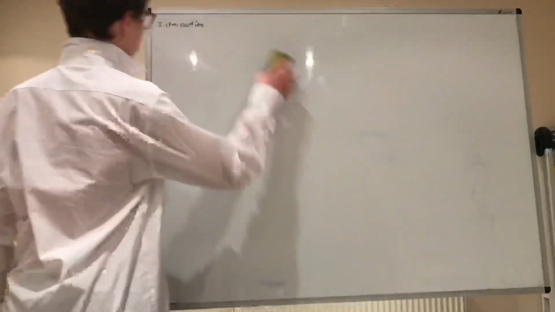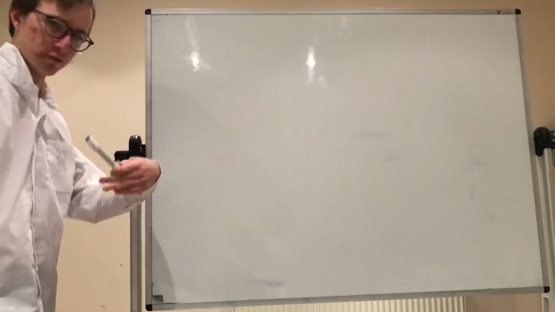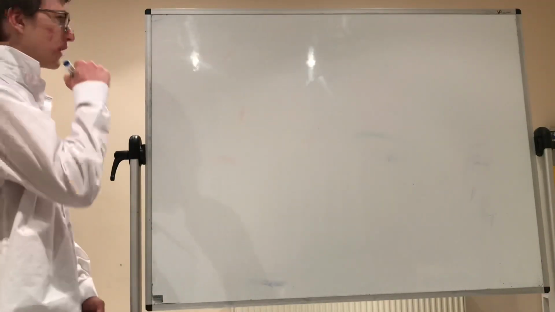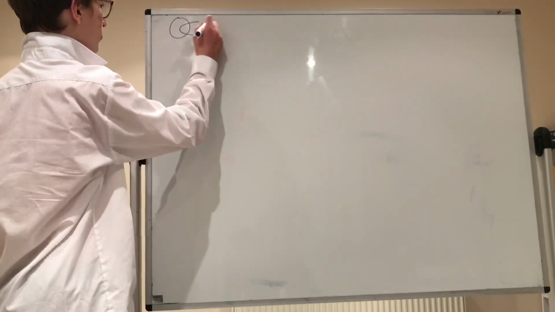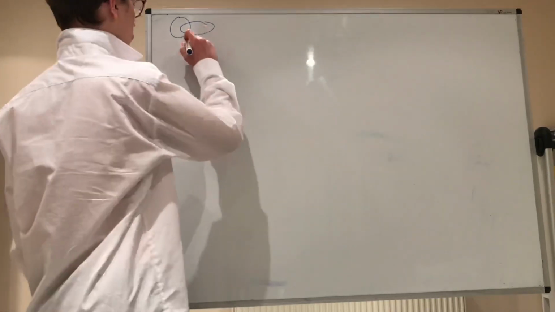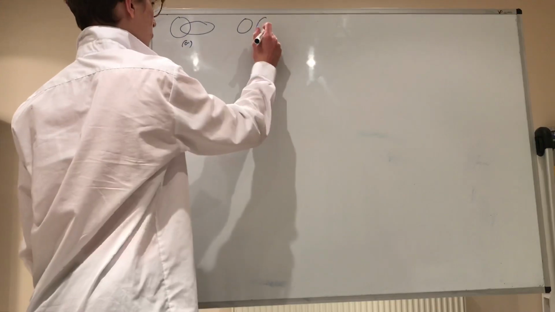So, for example, if we talk about conics, which are algebraic plane curves of degree 2, then there's plenty of things that could happen. We could have this, where they intersect twice.